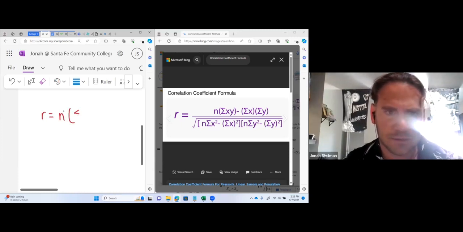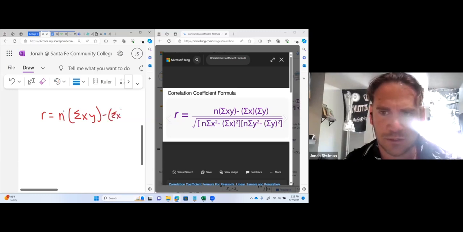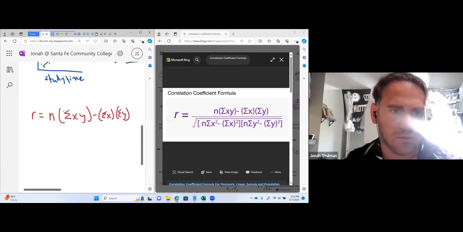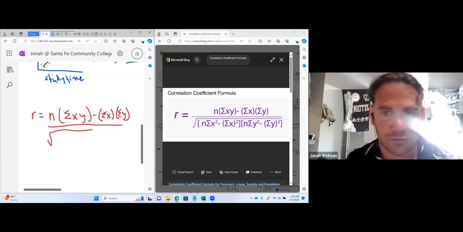N sigma xy minus sigma of x, sigma of y, and all of this is over the square root of the bracket n sigma of x squared minus the sigma of x, and then that is squared.